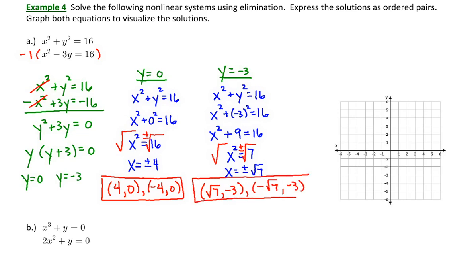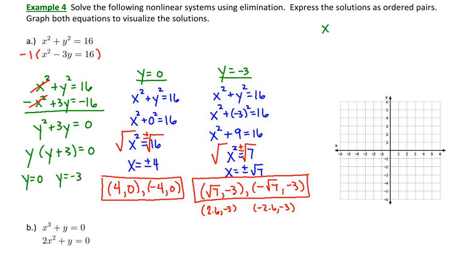So it looks like our curves are going to have 4 intersection points. Now, the square root of 7 is approximately 2.6. So when I locate this on the graph, I'm going to think of ordered pairs 2.6, negative 3, and negative 2.6, negative 3. Let's attempt to graph both of these curves on the grid.